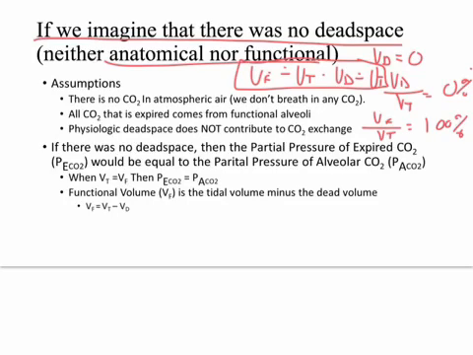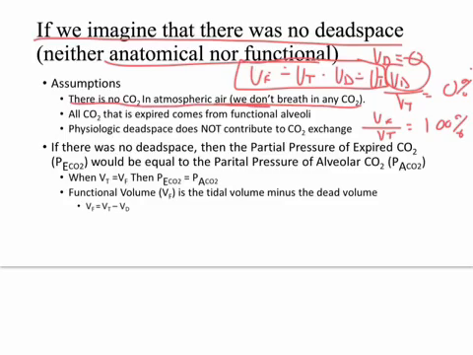Okay, so we're going to make some quick assumptions so that we can go further and calculate what this is. The first assumption is that there is no CO2 in atmospheric air. We don't breathe in any CO2. Of course, this assumption changes modestly depending on what room you're in.